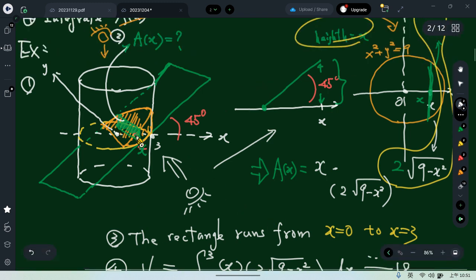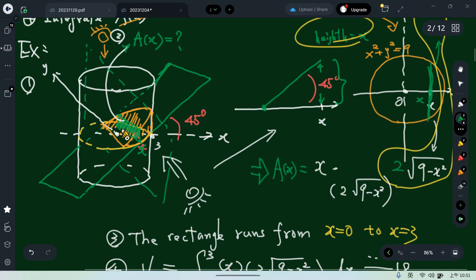This shape, and also when you use a plane to cut here, just imagine that you use a plane to cut this volume, you can get this one, right? So we need to know how to calculate this area for this rectangle.